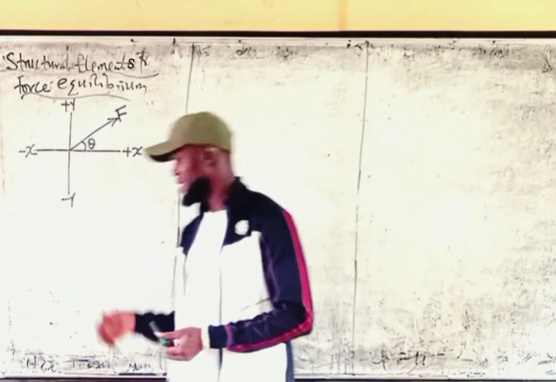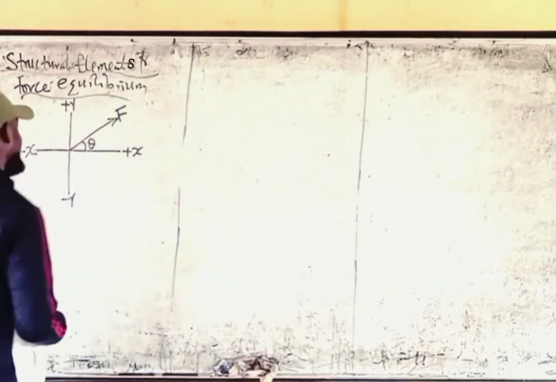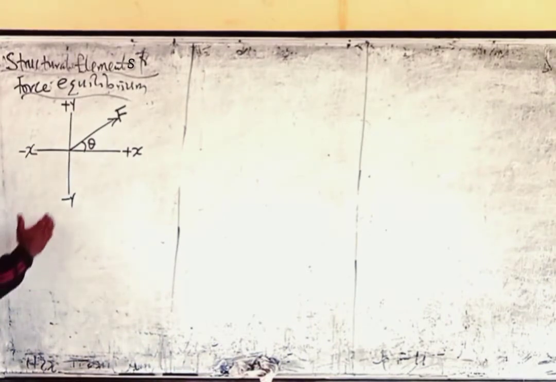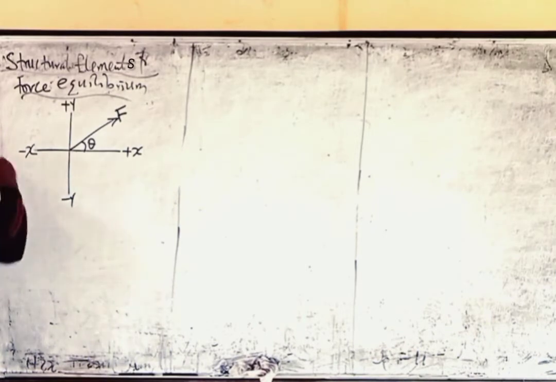So we have a force acting in the x and y plane, as you can see. How do we find the component of this force on the x side and the y side? On the right hand side x is positive, the left hand side x is negative, the down side y is negative, the upper side y is positive.